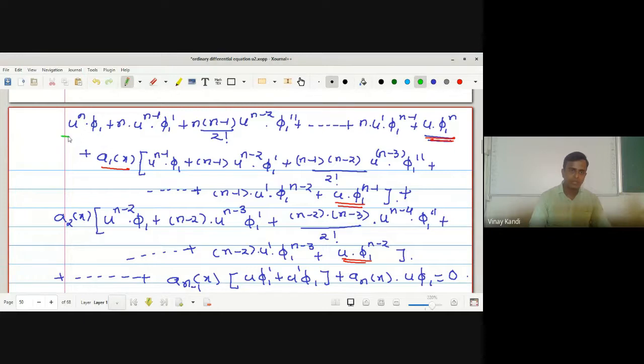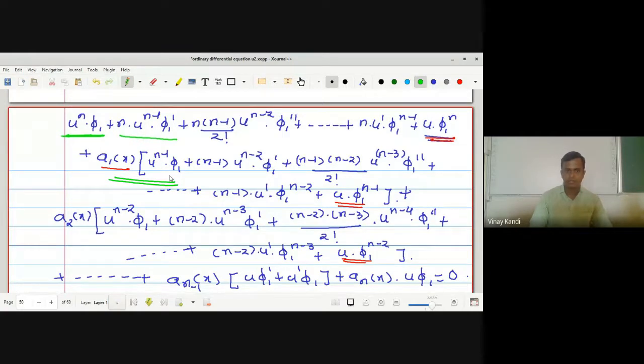What is the coefficient of u raised to n? After u raised to n there is no term. The coefficient of u raised to n minus 1 will be n into phi 1 dash into a1 of x into phi 1.